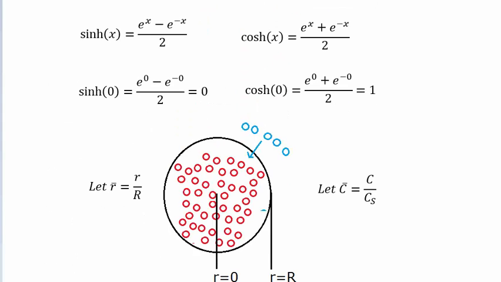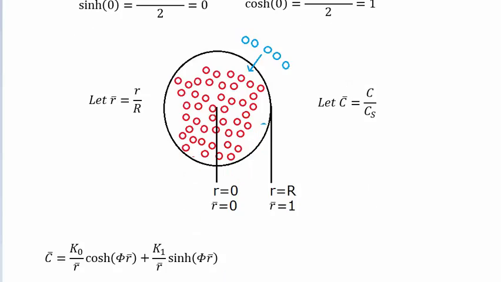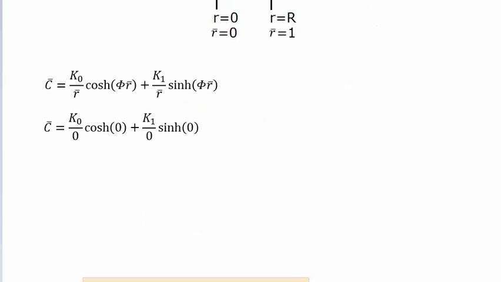Remember, we just above evaluated hyperbolic sine and hyperbolic cosine at 0, and what we find is that for the cosine you're going to get 1, and for the sine you're going to get 0. So this 0 on the bottom is okay because it's got this 0 over here, this term will go to 0. That's fine. But over here, since this is 1, this term will actually blow up to infinity at r equals 0.